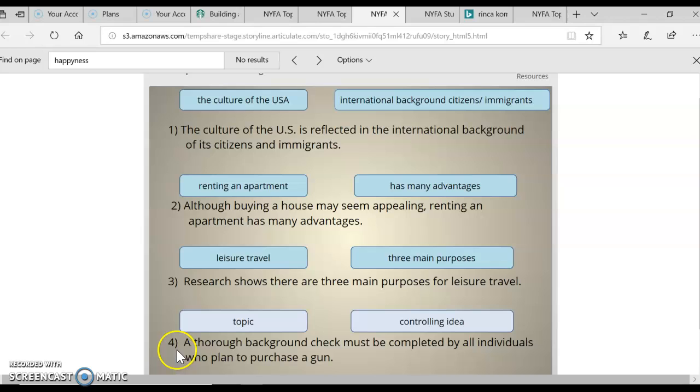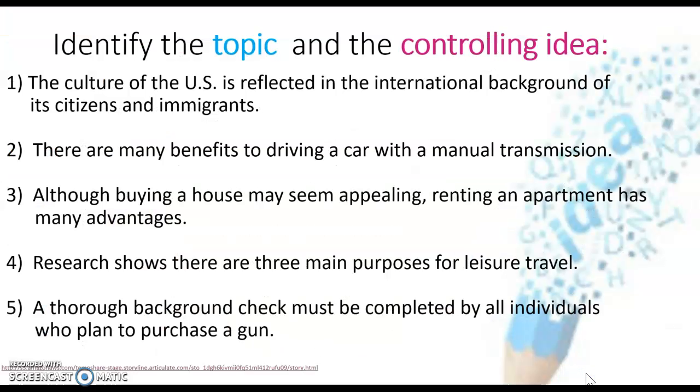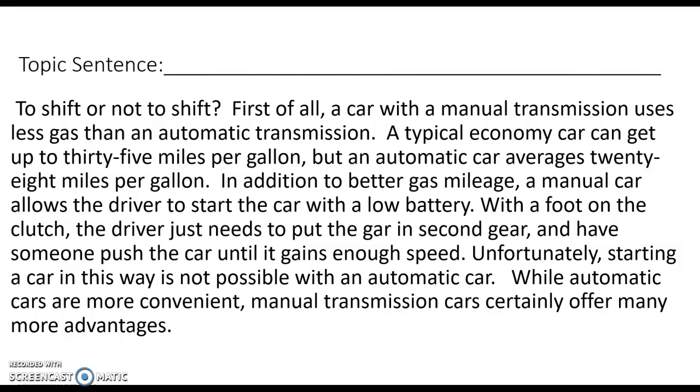If I ask you the question, do you think that individuals who wish to purchase a gun should get a thorough background check? That is the topic. Should gun purchasers get a background check? And this person's answer said yes. So that was an example of using storyline to answer those questions.